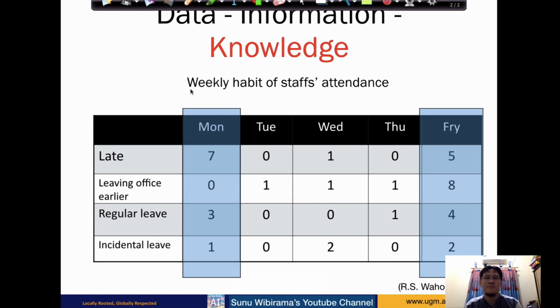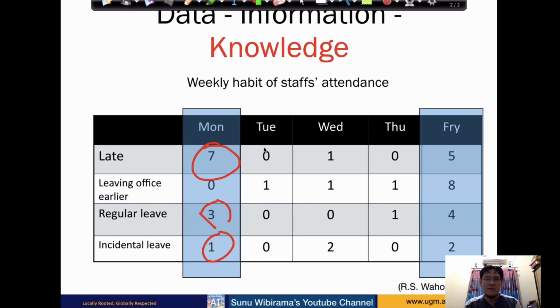For example, on Monday, you see that a lot of staffs were coming late. You found out 7 staff came late to your office, and then you had 3 or only 1 incidental leave.